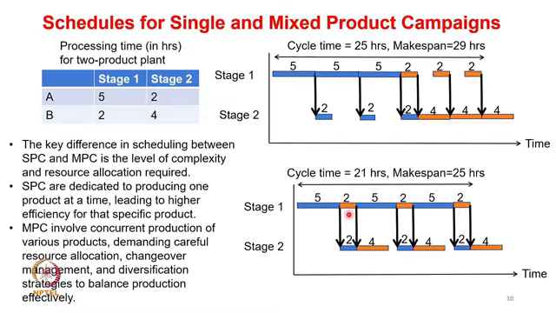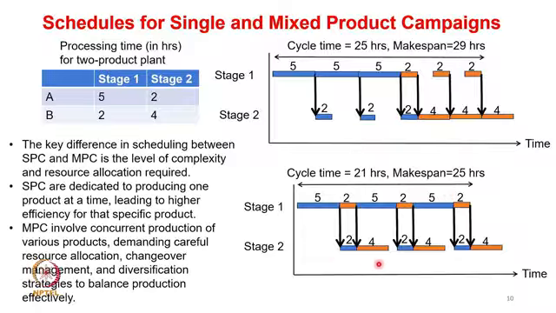So, this is a different strategy. You can see that the overall cycle time has been significantly reduced. The overall cycle time would only correspond to 21 hours in this context, while the makespan is also subsequently reduced, to 24 hours.